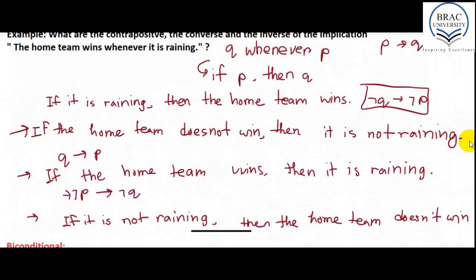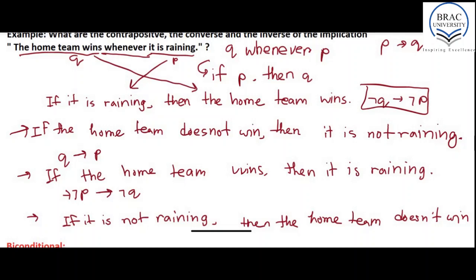So when we get an example, we will first try to find what is P and what is Q. As here we find whenever, so this will be Q and this will be P, and we will write this in the simple form, if P then Q. So if it is raining, this is P, then Q goes here: the home team wins.